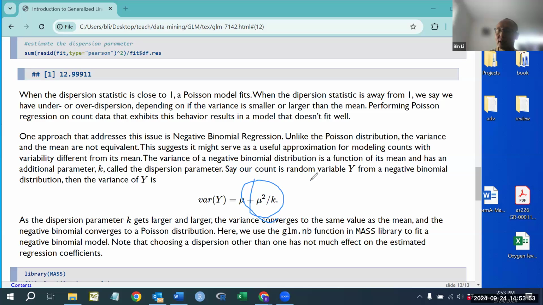So if k becomes larger and larger, let's say if k goes to infinity, then the mean and the variance are the same. So you can see Poisson regression is nothing but the negative binomial when k goes to infinity.